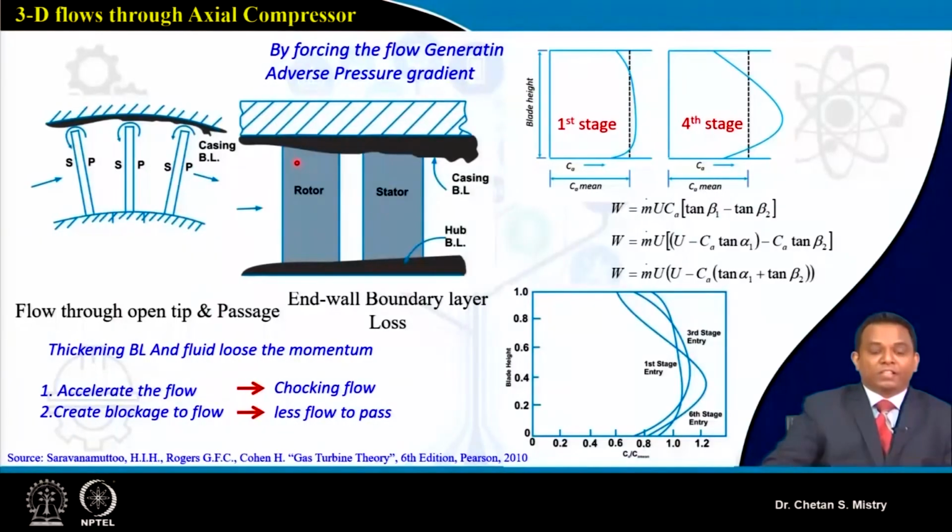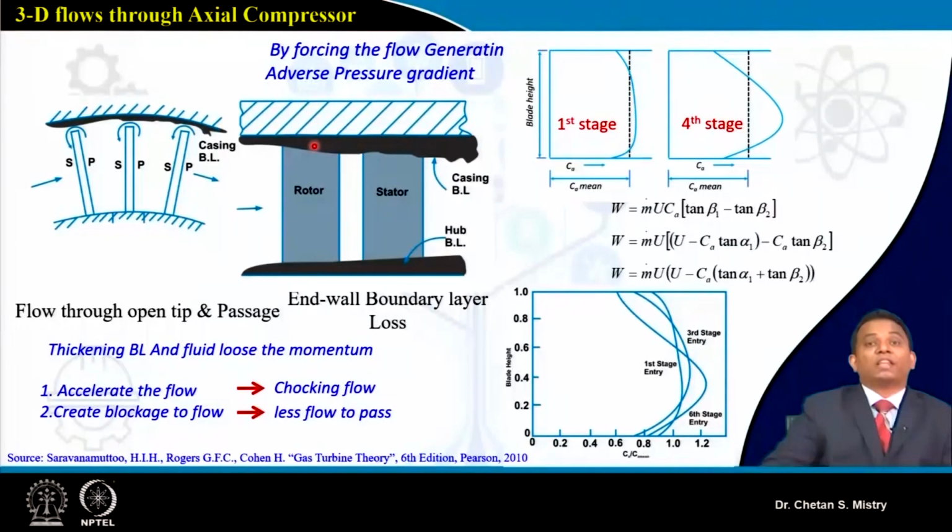And that is the reason, if you consider that the casing and hub are solid bodies, you will have growth of boundary layer happening along this wall. This will continue if we have a multi-stage configuration, till the last stage of your compressor.